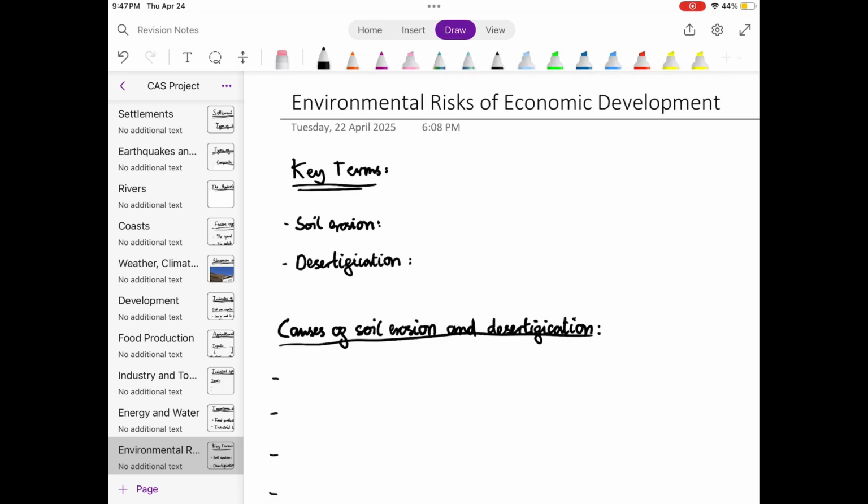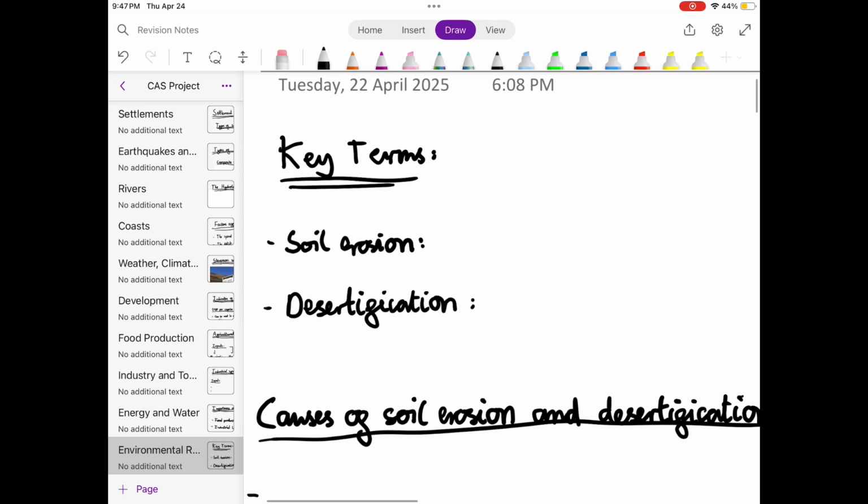So there are some key terms that you need to know, and the first one is soil erosion. Soil erosion is the wearing away of the top layer of soil.